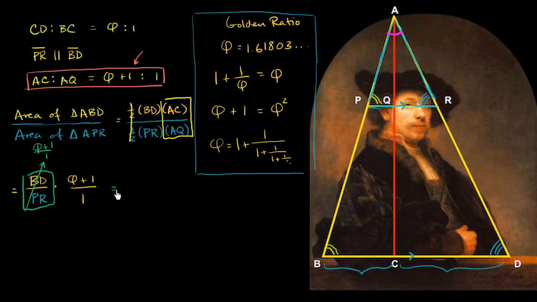So what does this simplify to? Well, we have 5 plus 1 over 1 times 5 plus 1 over 1. We could just divide by 1. You're not changing the value. This is just going to be equal to, and we deserve a drum roll now, 5 plus 1 squared. So that was pretty neat.